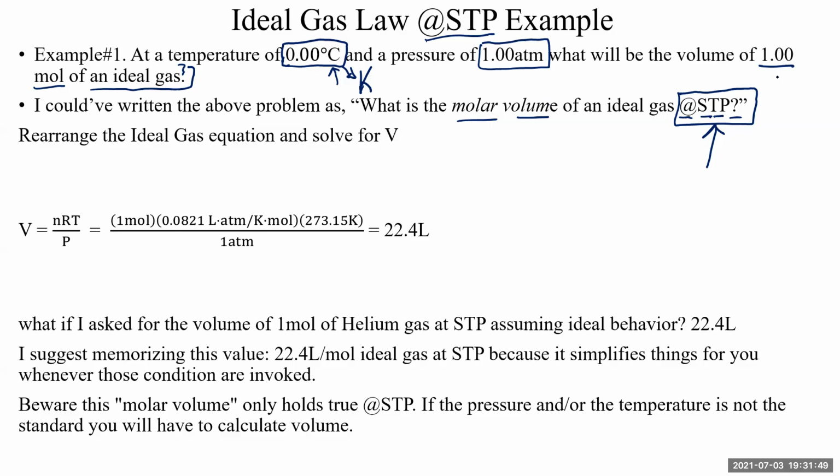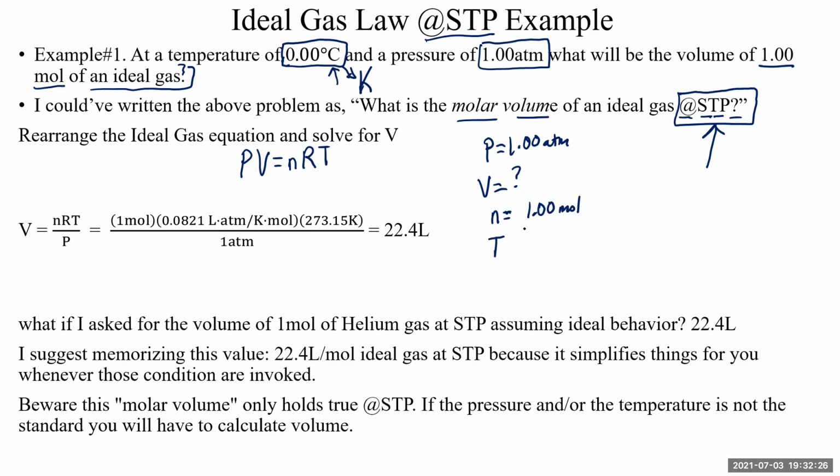Okay, so to solve this, we know that the formula is PV equals nRT. We should use the ideal gas equation because I have 3 out of 4 of my variables. I have the pressure, which is equal to 1 atmosphere. I have my volume, which is, oh no, I don't. That's the thing I'm going to solve for. I have my moles, n equals 1 mole.